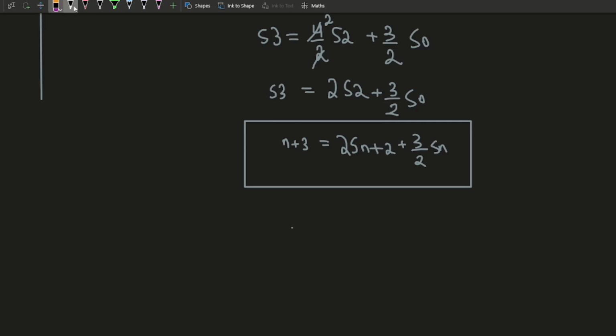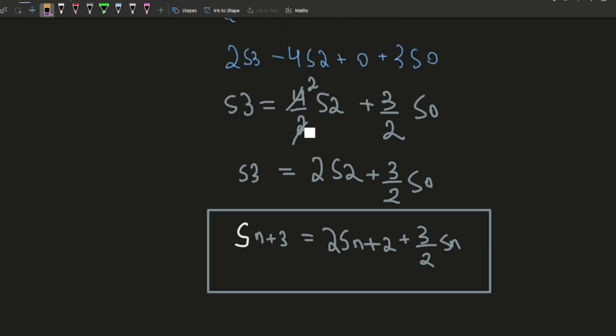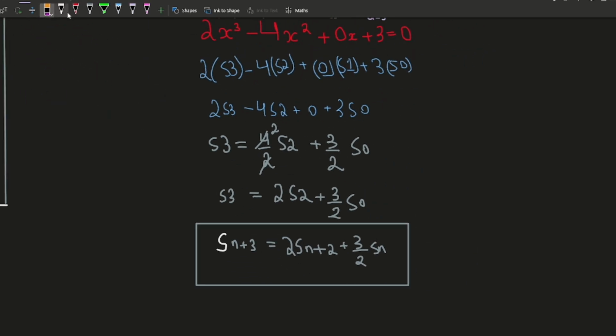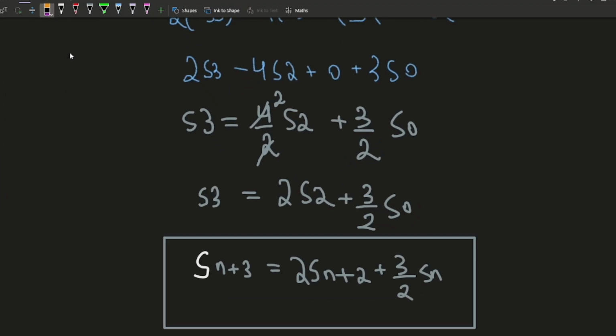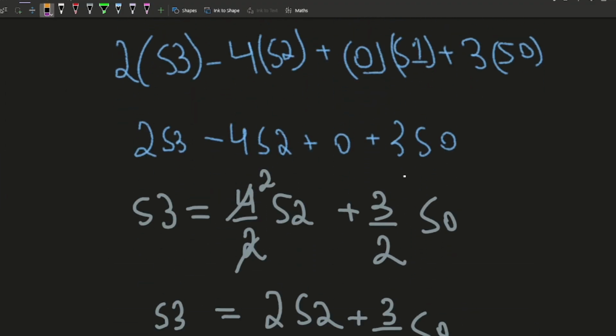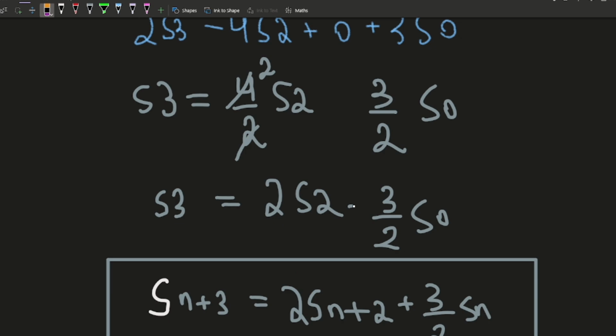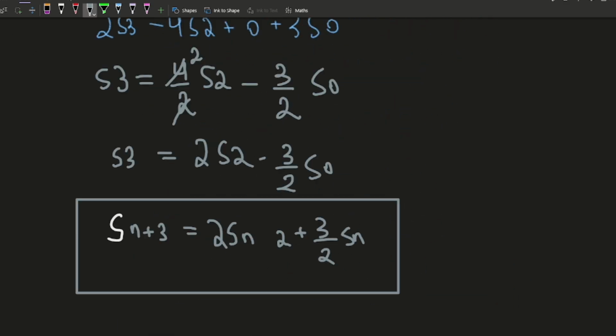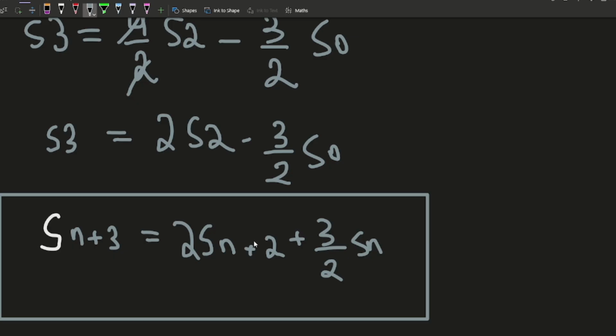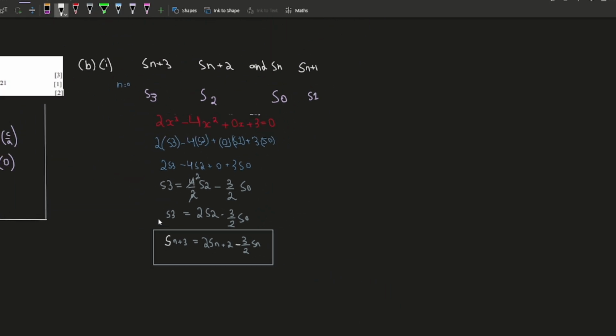Let me fix this. Okay, I made a mistake here. Since 3 over 2 goes towards the other side, this will be minus. I didn't put a minus sign here, so let's do that. This will be plus, this will be minus. So this is our final answer.